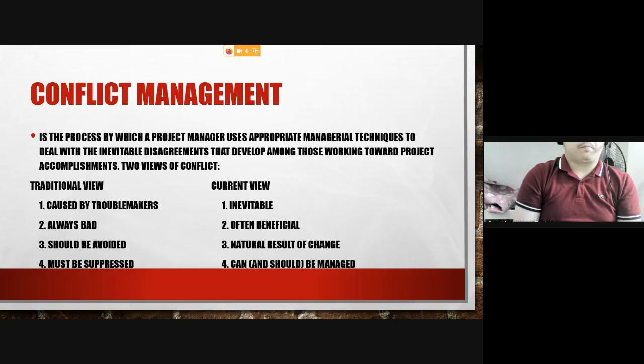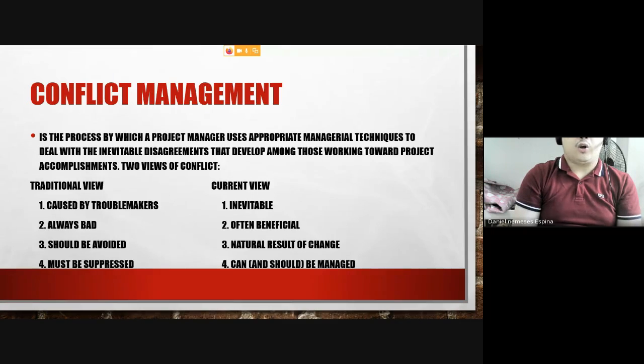In the traditional view, conflict is caused by troublemakers. It is always bad, should be avoided and must be suppressed. However, in the current view, ang stand karon is that conflict is necessary.